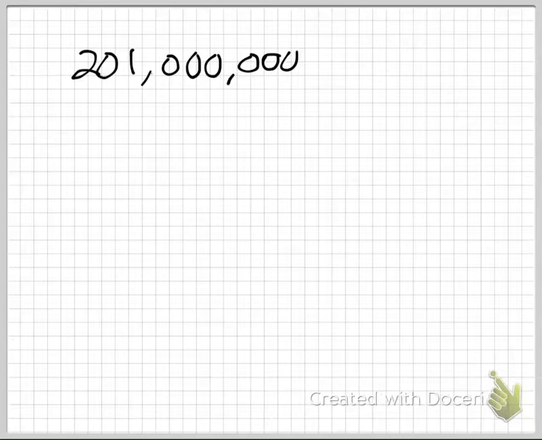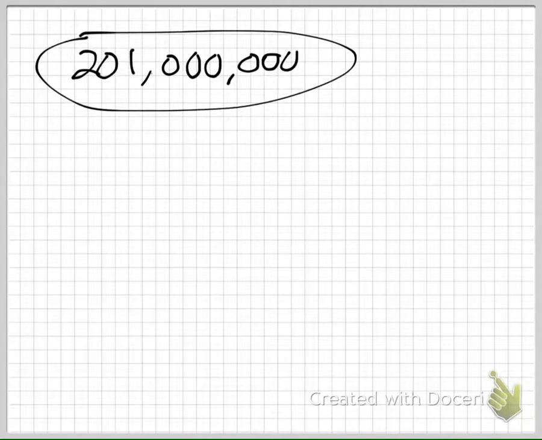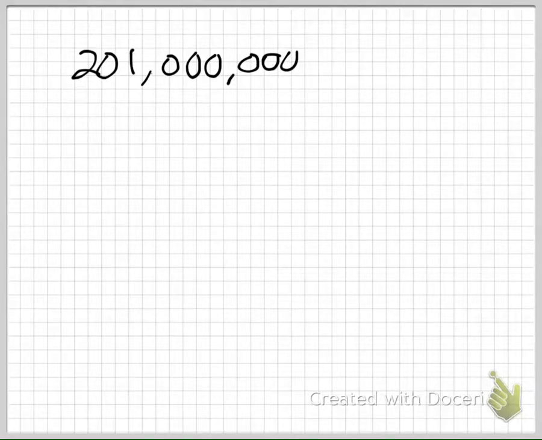For me to write this in scientific notation, I need to turn this number, not changing any of the numbers, into a number that's between 1 and 10. So I need to put the decimal in there somewhere. Where can I put the decimal here to make this giant number somewhere between 1 and 10?